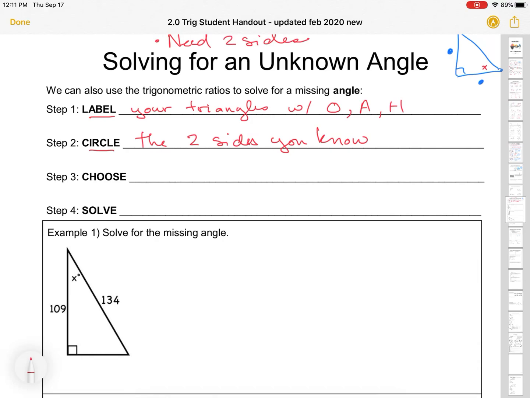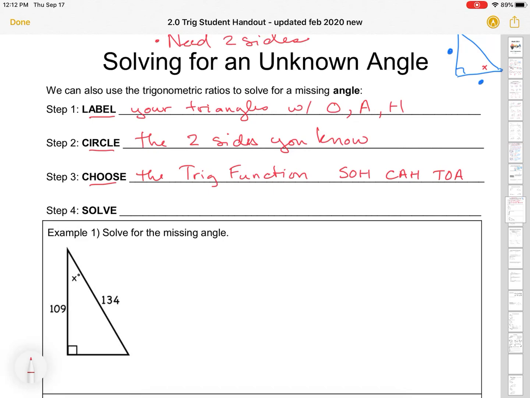The angle we're interested in is always the one that we're looking for. Then we're going to choose the trig function that works. We'll use our SOHCAHTOA to help us find the right trig function.